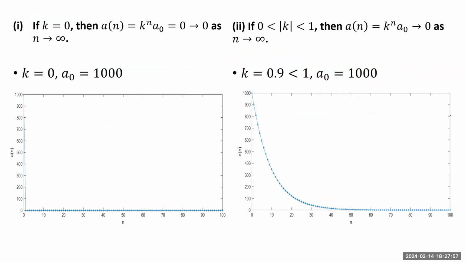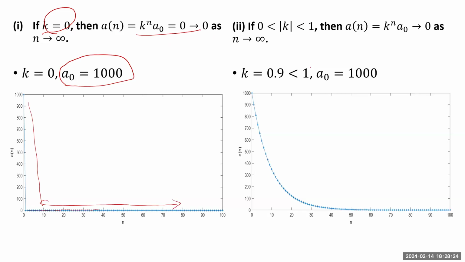Suppose we see here, k is equal to 0 and your initial value is 1000, then this value approaches 0 as n tends to infinity. See here, the graph goes gradually to 0 as n tends to infinity.